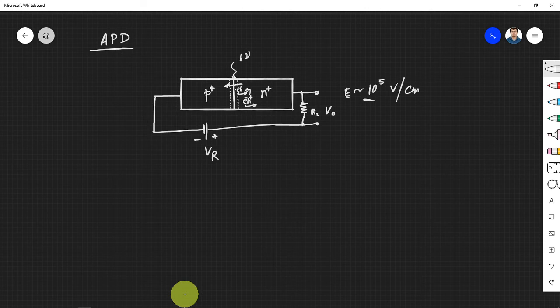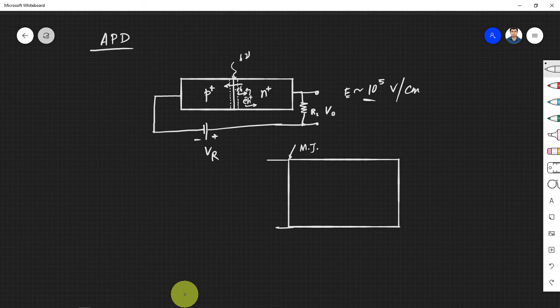So let me draw a bigger scenario. We are basically a little away from the junction. So this is the metallurgical junction, okay, and we have the depletion region here.